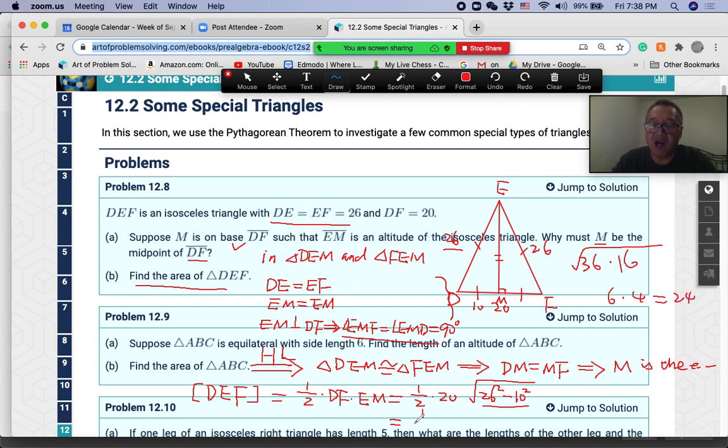So that means 1/2 times 20 times 24. 20 divided by 2 is 10, times 24 gives you 240. So the area of this triangle equals 240, right? So this way, we solve this problem.